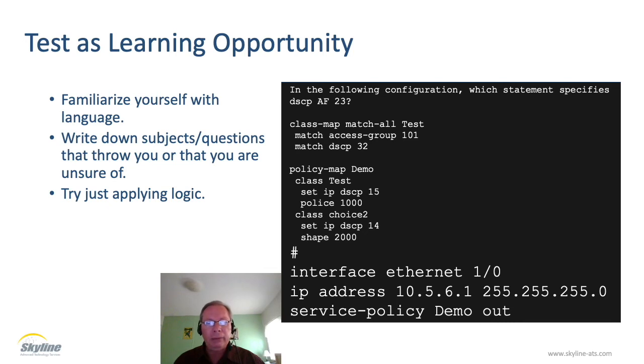After you've gotten that written down, you're unsure, you've written it down for future reference, but now look at it again and just try to apply logic. Is there something here this could be? Well, if it's DSCP AF23, I don't see how it could possibly match the 14 because it's such a bigger number.